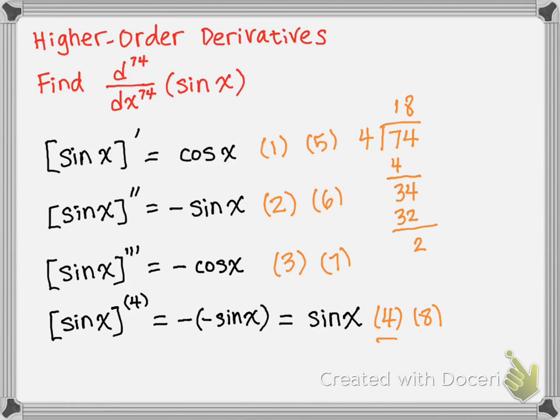What it means is that when we are at the 72nd derivative, we will get sine x back. Okay, so then 73rd and then 74th is right here. So the answer would be negative sine of x.